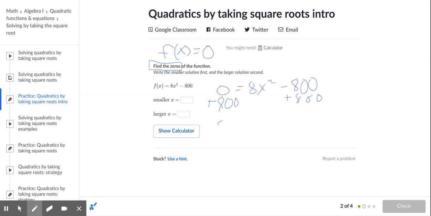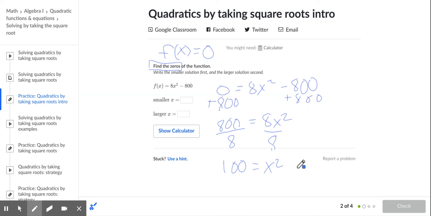So I get 800 equals 8x squared. And then this is multiplying, so I need to divide by 8, divide by 8. 100 equals x squared. And then I can take the square root of both sides.